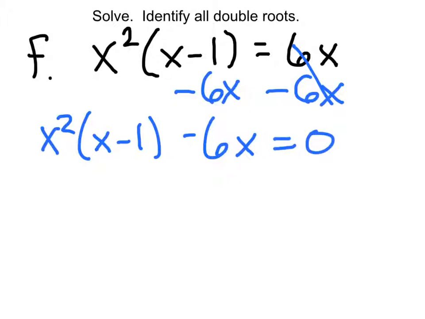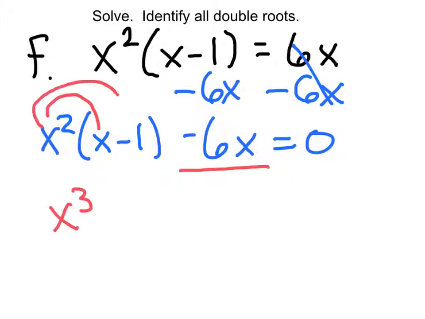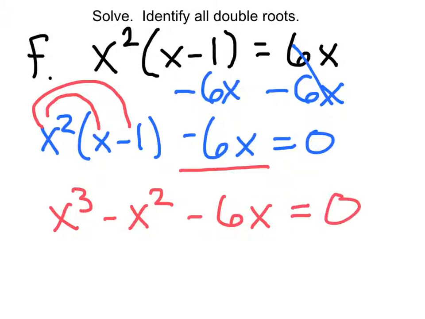Now, once again, this minus 6x is not in the parentheses, so I can't set it equal to 0 and solve it yet. So I'm going to have to distribute this first part here. x squared times x is x cubed. x squared times negative 1 is negative x squared. And then I have minus 6x equals 0.